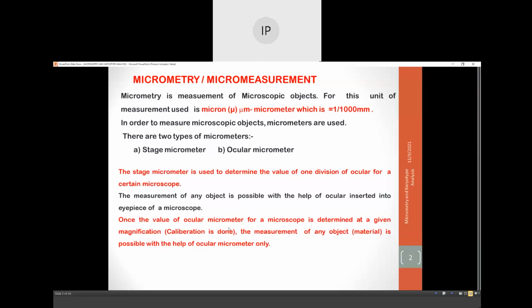Once the value of the ocular micrometer for a microscope is determined at a given magnification, calibration is done. The measurement of any object or material is possible with the help of the ocular micrometer only.